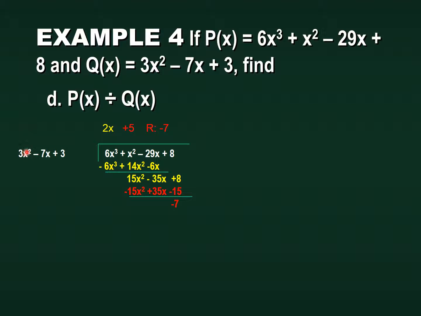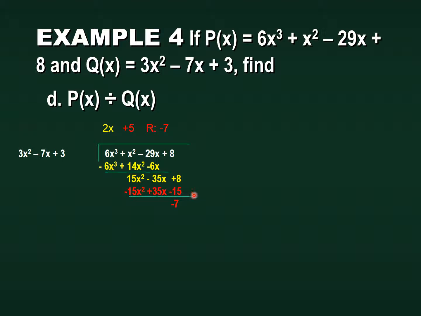5 times 3x squared is 15x squared, but I'm going to subtract it. 5 times negative 7x is negative 35x, but I'm going to subtract it. Negative 35x subtracted is plus 35x. And then 5 times 3 is 15, but I'm going to subtract it and get negative 15.